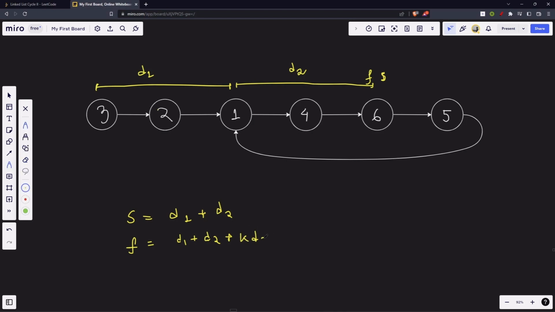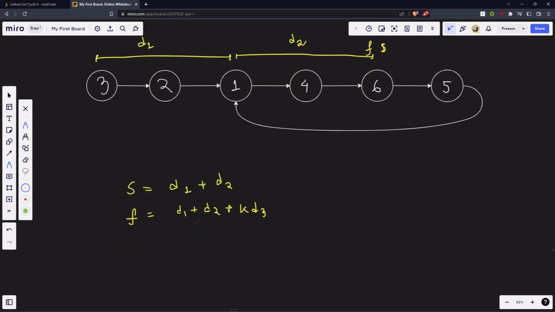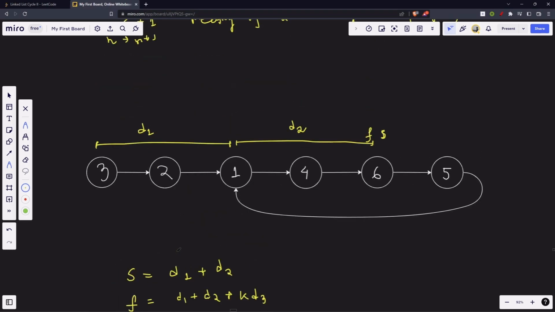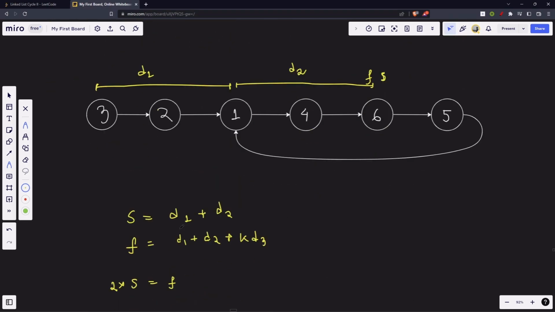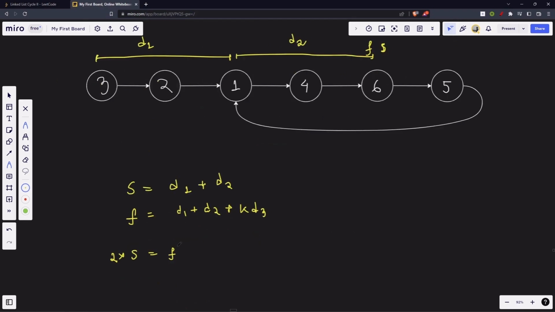So it becomes k into d3. Now we know that whatever distance fast has traveled, it's twice the distance of our slow pointer, right? Because fast is taking two steps while slow is taking one step. So this is the situation. So 2 into (d1 plus d2) equals d1 plus d2 plus k into d3.